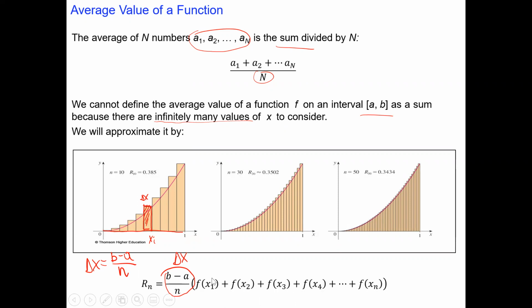We see, when we factor out the delta x, that we actually see the addition of infinitely many values of the function, which I can even say all of the values of the function from a to b. And all of the values of the function, addition, that's what we need.